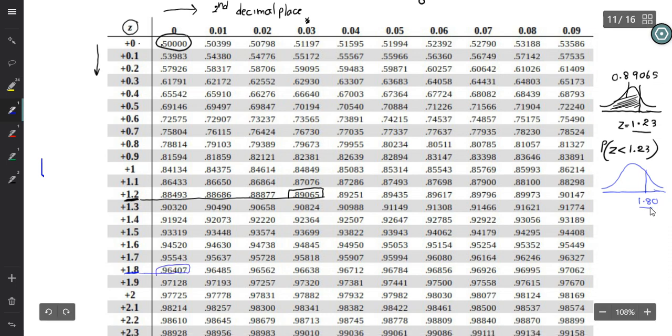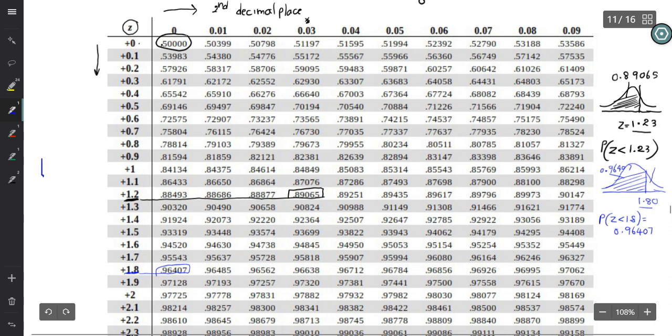What is the probability? 0.96407. So the left tail all the way up to 1.8, that probability is 0.96407. So probability Z less than 1.8 is this 0.96407. Okay, I hope this is clear.